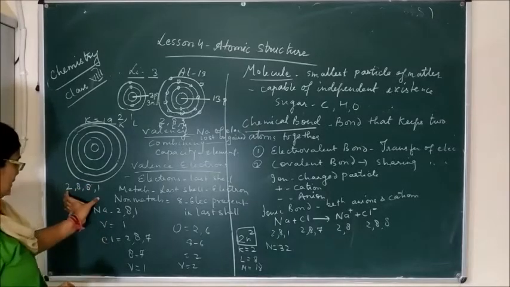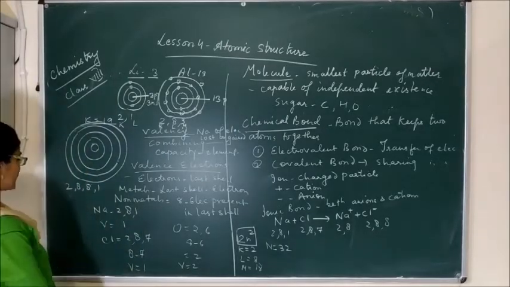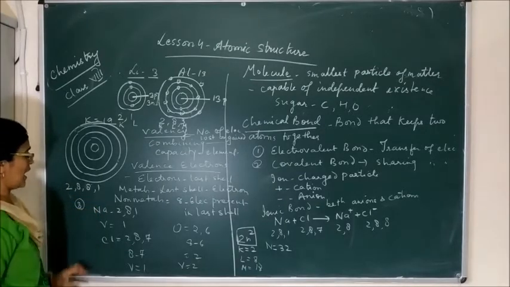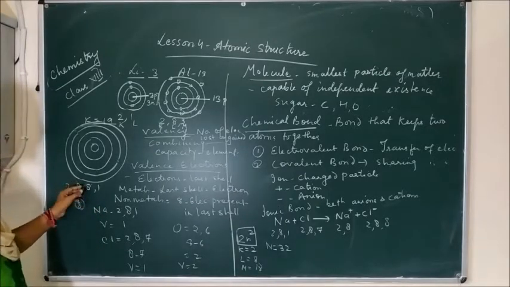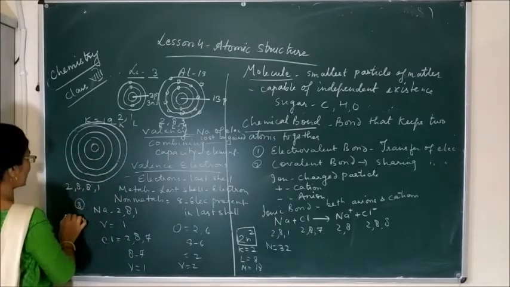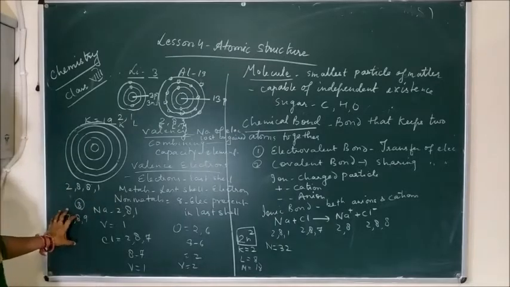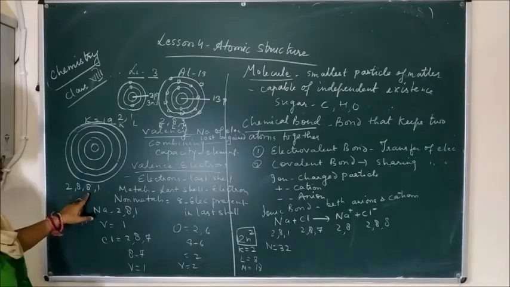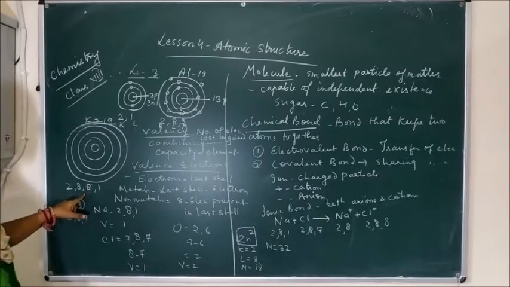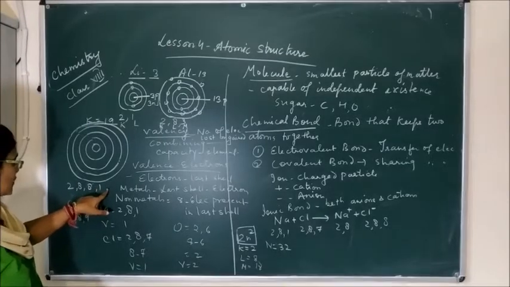Here you have also studied the octet rule, that in the last shell a maximum of 8 electrons can be occupied, and the remaining electrons make new shells. In potassium, it would be 2, 8, 9 according to the Bohr-Bury scheme, but according to the octet rule the last shell can occupy only a maximum of 8 electrons. So the 1 electron present here is transferred to the next shell.